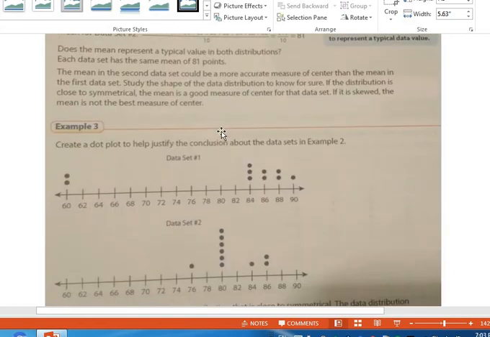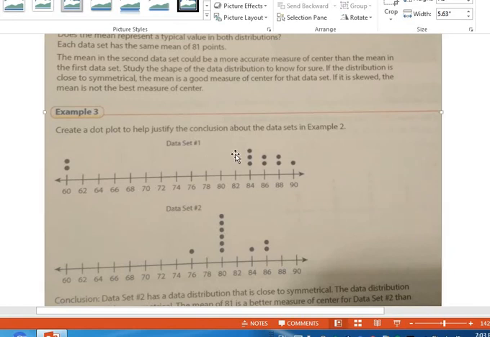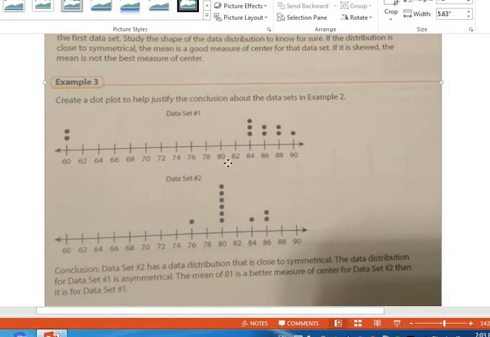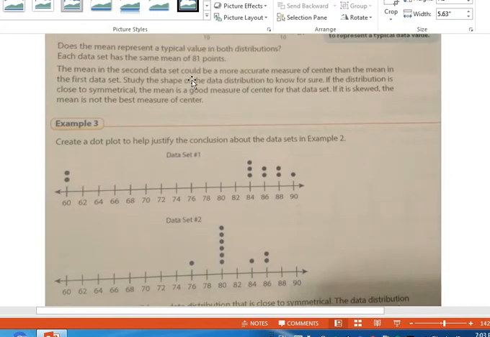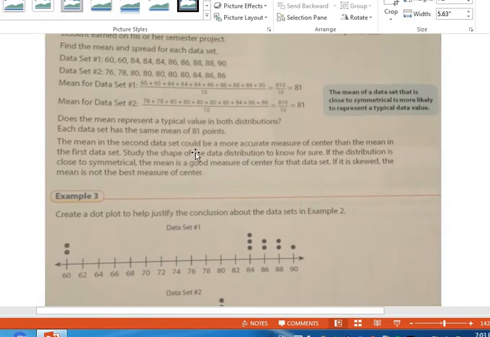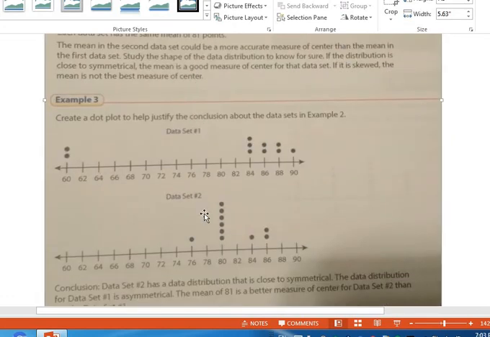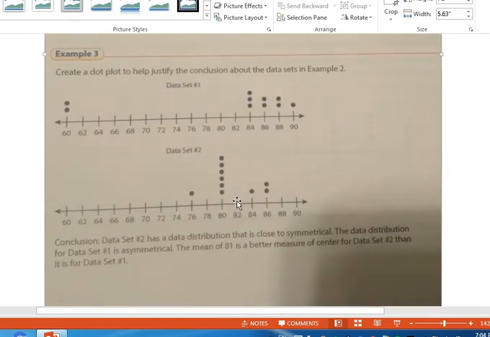So this is the distribution of the data in set 1, and here the distribution of data in set 2. I have 76 repeated 1 time, 78 1 time, 81 five times, 84 1 time, and 86 2 times. So this is the distribution of my data.